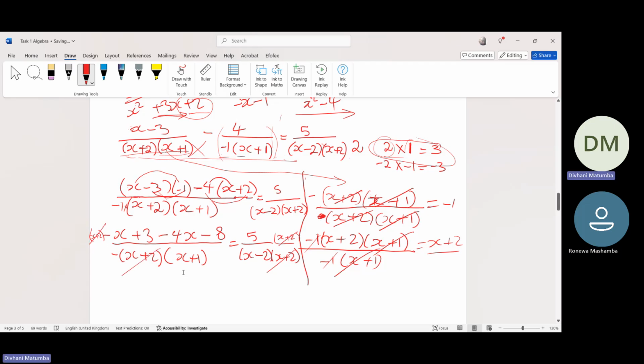So after that, we will be left with, in brackets, minus x plus 3 minus 4x minus 8, all over minus x plus 1, is equal to 5 over x minus 2.